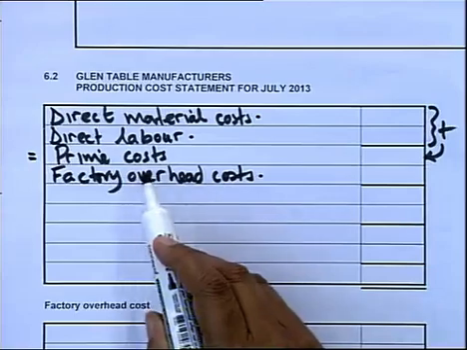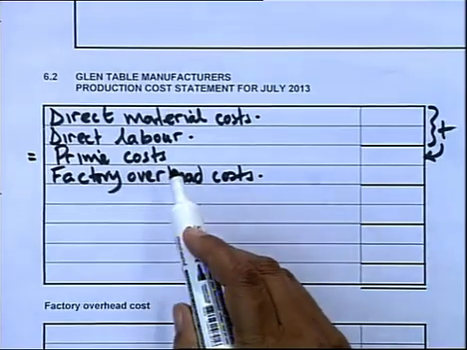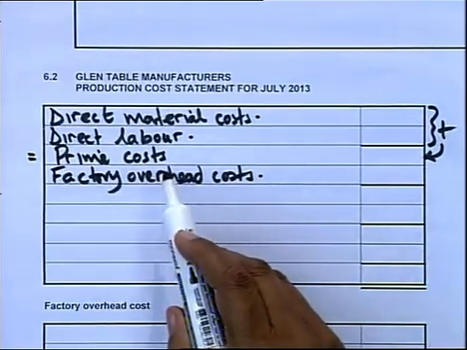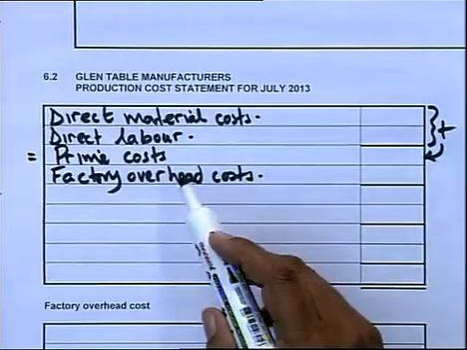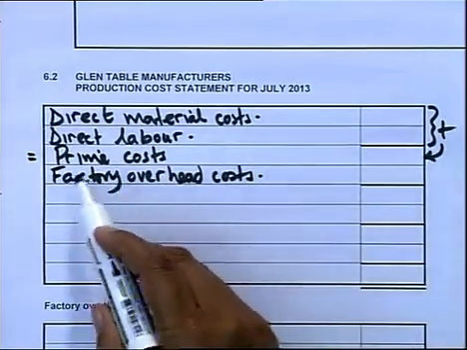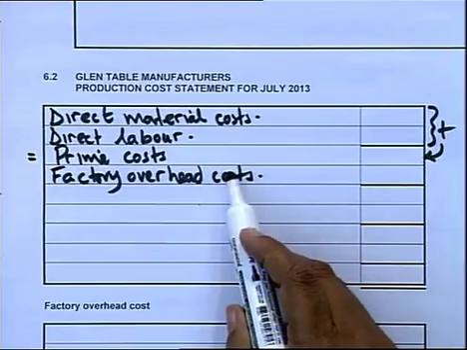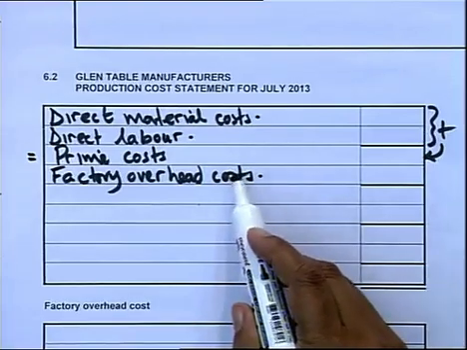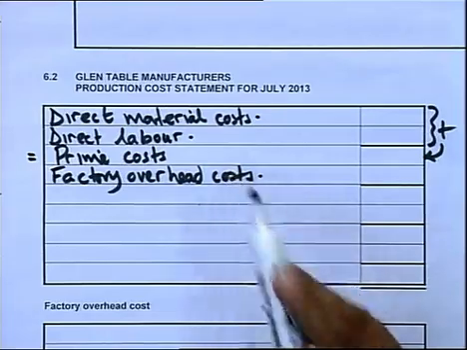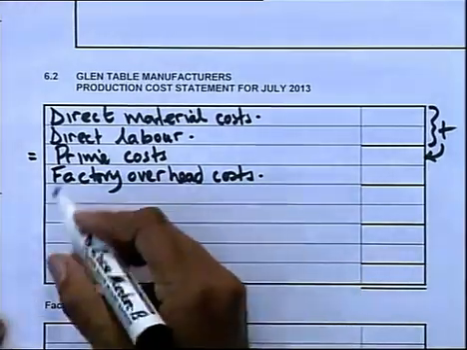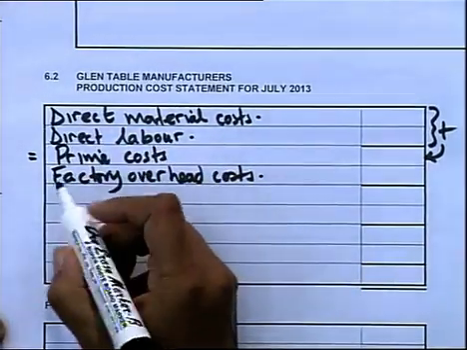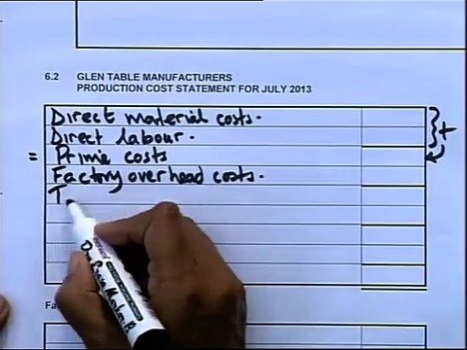And remember I said the indirect labor is the cleaner and the supervisor and the security on the factory floor. And my factory overhead costs is my indirect materials, indirect labor, and any other factory related cost. Okay, then that gives us total cost of production.